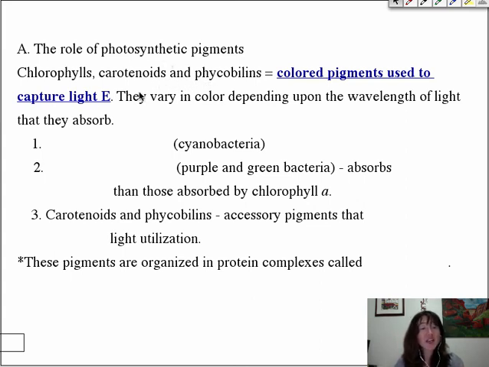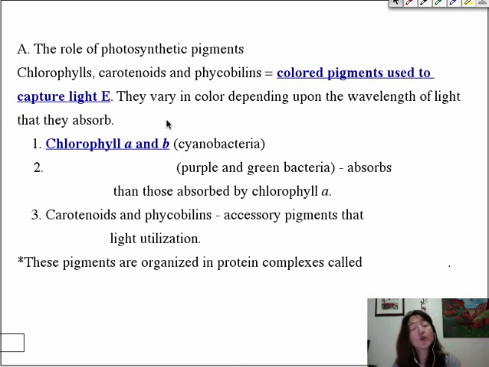So let's make note that the oxygenic phototrophs, like cyanobacteria, have chlorophyll A and B. And chlorophyll A and B absorb light at about 440 and 660 nanometers, meaning that they absorb blue and red light, leaving the green light to be what hits our eyes. So we would recognize the cyanobacteria as having green colors, and that was what's true on the earlier slide that we just looked at.